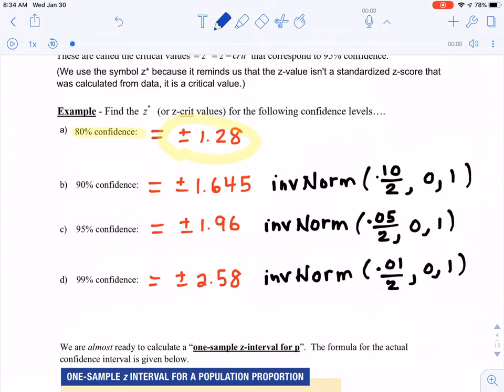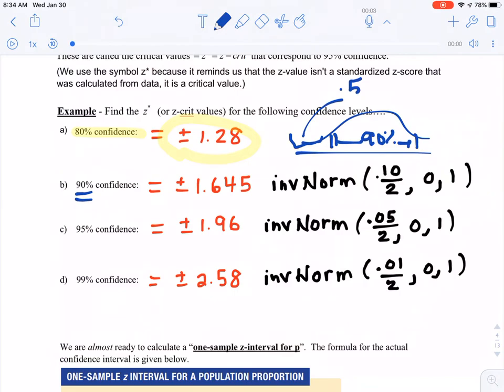I just want to show you again here how you could do this on the calculator. Okay, when you're given your confidence interval, let's say 90%, remember we want to enclose in between here 90% of the data. That means there's a remainder of 10% left. That would mean you'd have 5% essentially in each tail. So if you were to use the inverse norm feature on your calculator, you want to make sure that you put 5% in this first spot for the area.